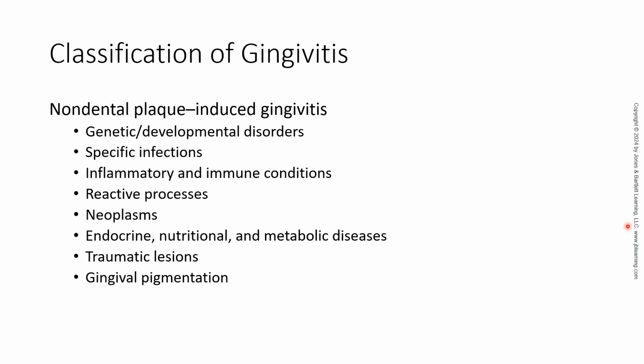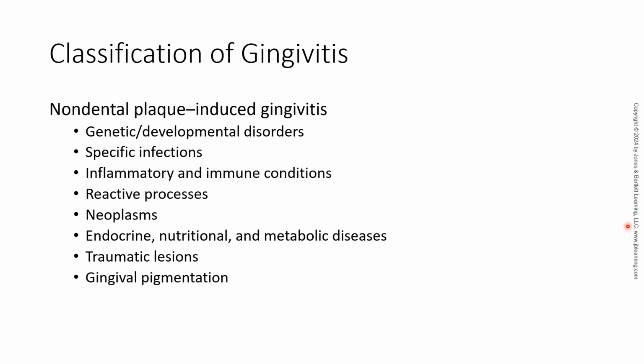Premalignant lesions such as leukoplakia and malignant conditions such as lymphoma. Vitamin deficiencies like scurvy due to lack of vitamin C, and traumatic lesions like self-injury due to habits like nail biting. Gingival pigmentation due to smoking.